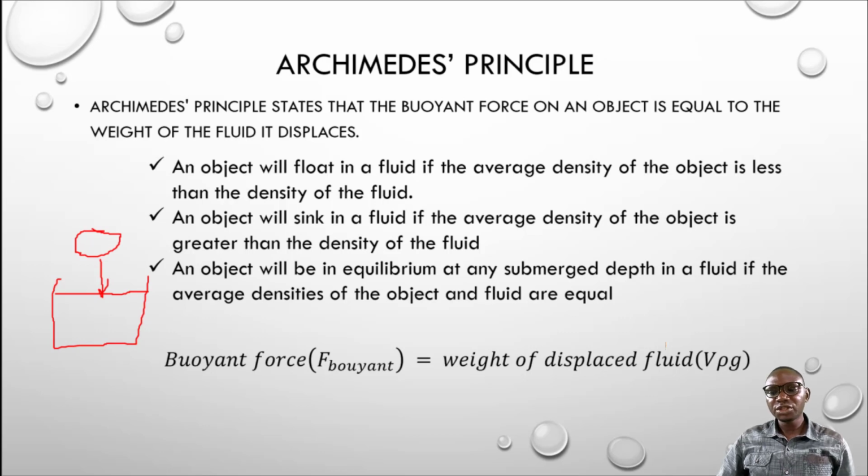Now, from this principle, it is important for us to note that an object will float in a fluid if the average density of the object is less than the density of the fluid.